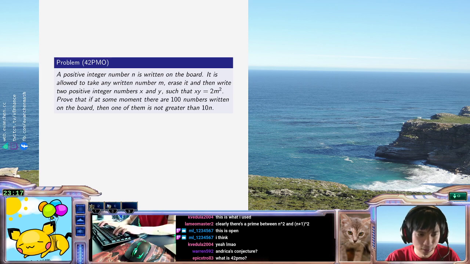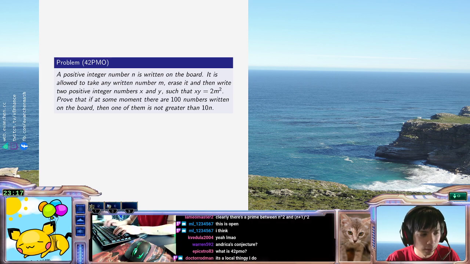Okay, yeah, like the sum of logs of the board. So okay, what m goes to x.